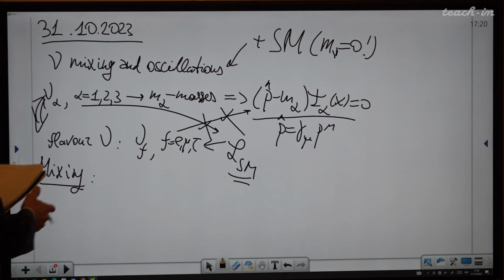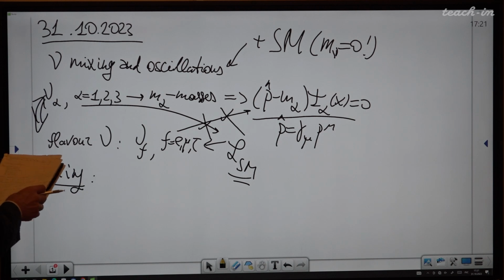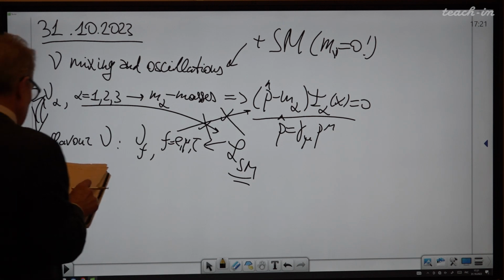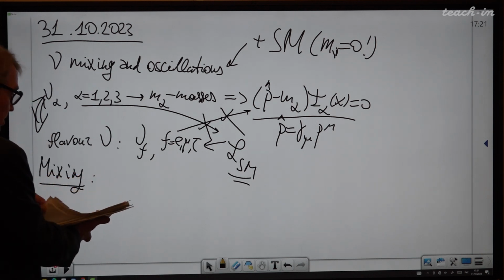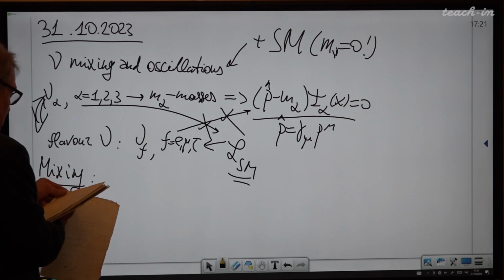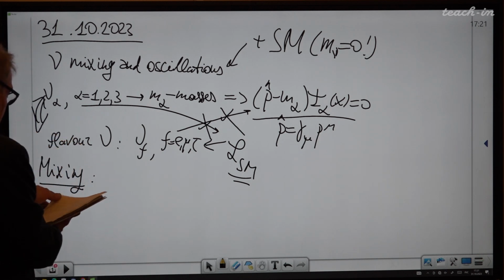Neutrino mixing. To make our calculations and all formulas simpler, we shall consider 2 mass states and 2 flavor states, to keep our formulas short. In the case of 2 neutrinos, we can parameterize the mixing.